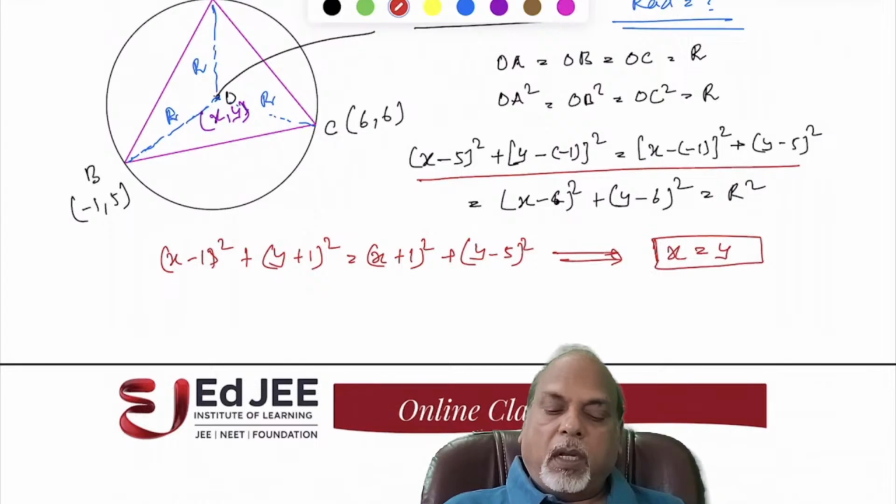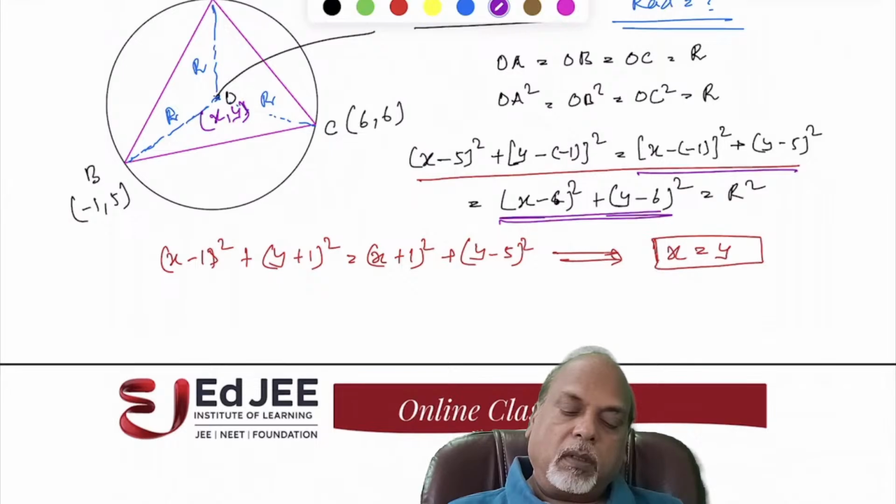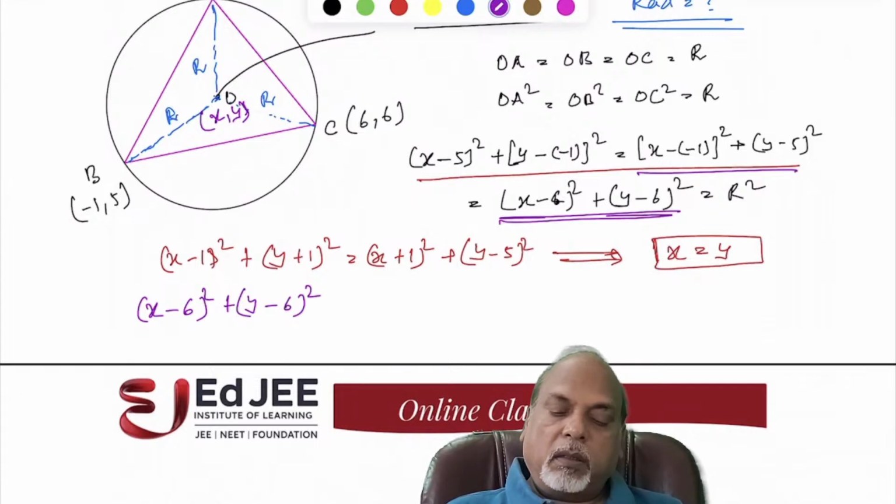Correct? Now let us take these two relationships, this one and this one. Or you can take the last one itself, x minus 6 square plus y minus 6 square.